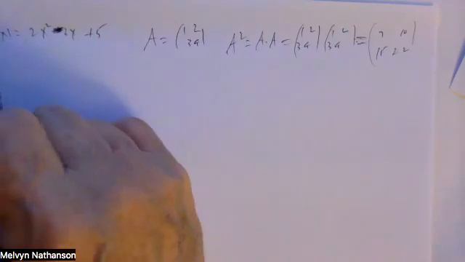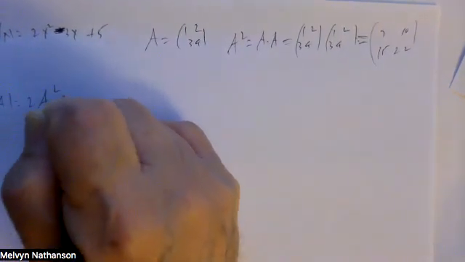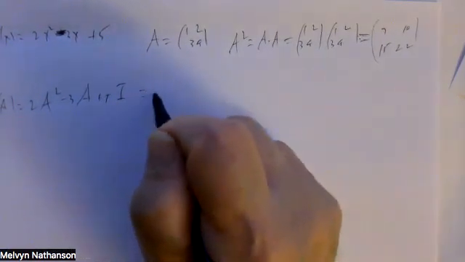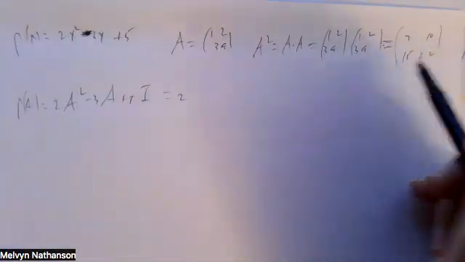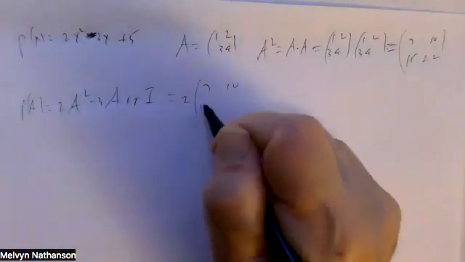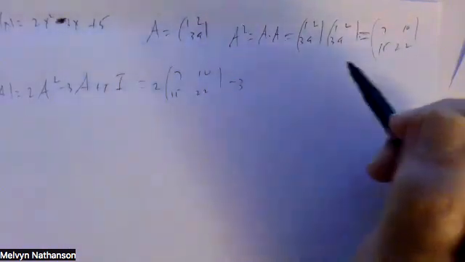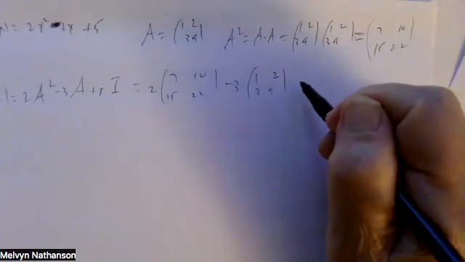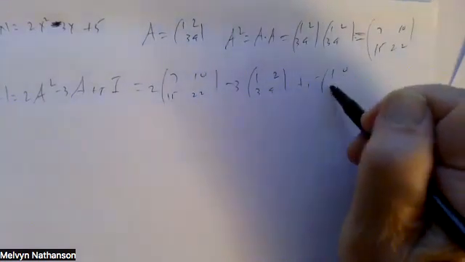So what is p of A? It's 2A squared minus 3A plus 5 times the identity. So we just calculated A squared: 7, 10, 15, 22, minus 3 times A, 1, 2, 3, 4, plus 5 times the identity, 1, 0, 0, 1.